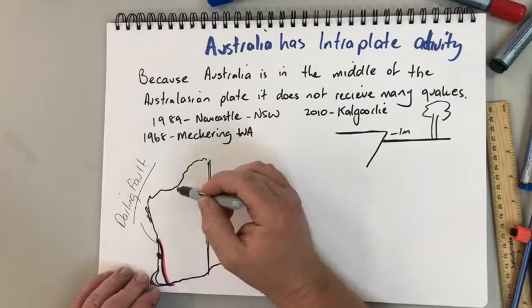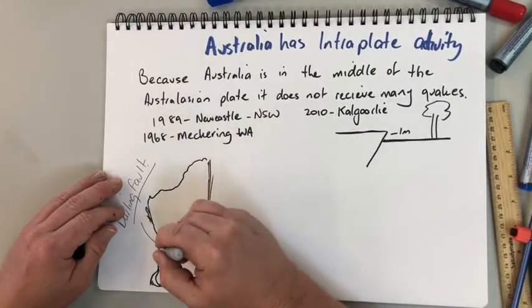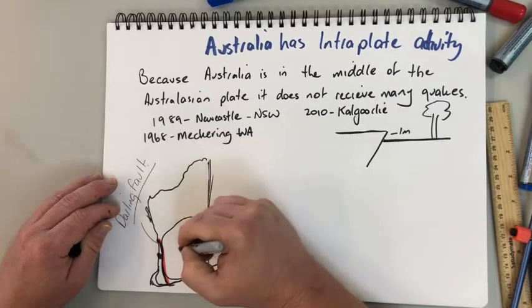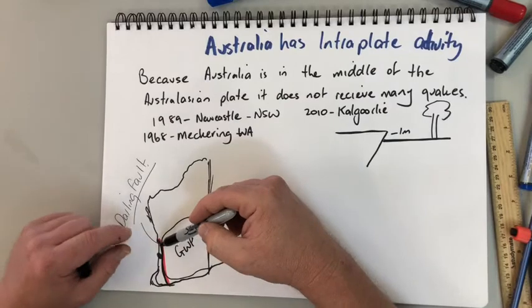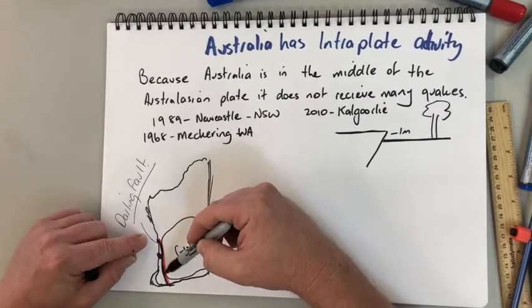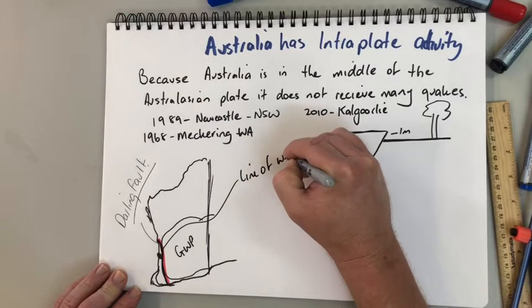And what that means is that if there's any movement of Australia or of the Australian Craton or the Great Western Craton, as we have here, GWP, Great Western Plateau, it's going to be felt along this line of weakness. It's a line of weakness.